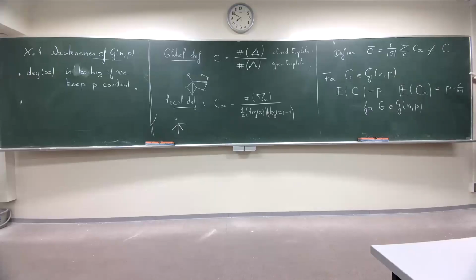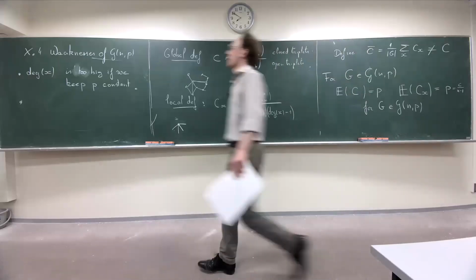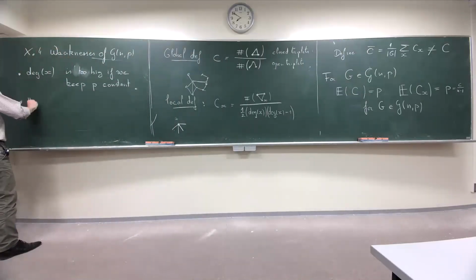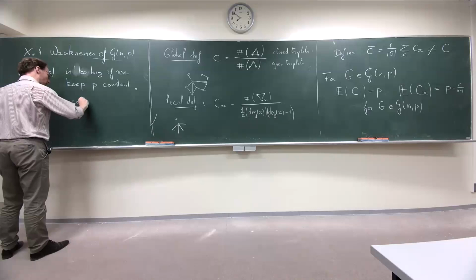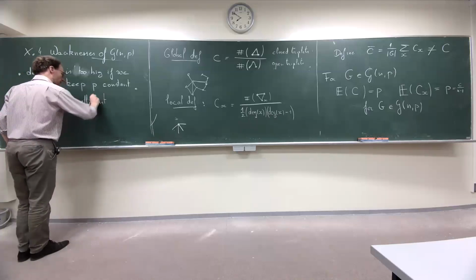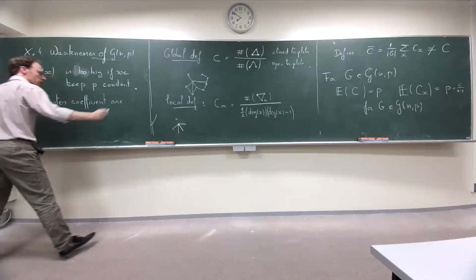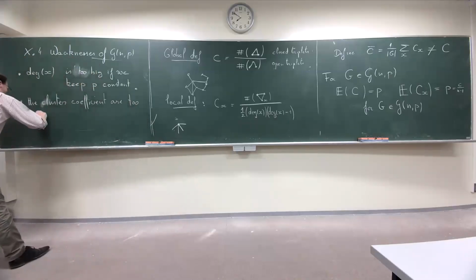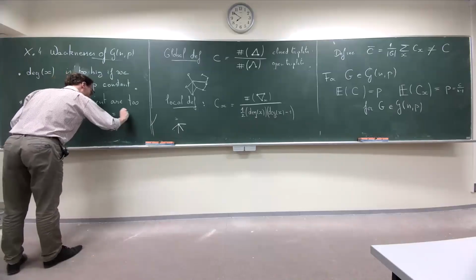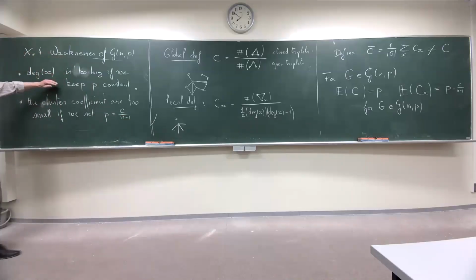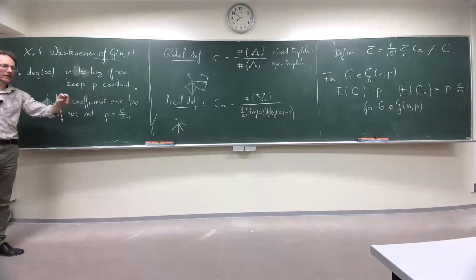If I rescale like I did before, then the clustering coefficients become too small, if we set P equal to C over N minus 1.